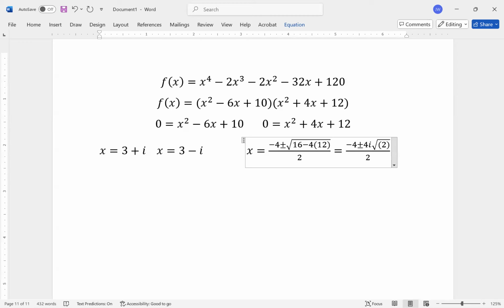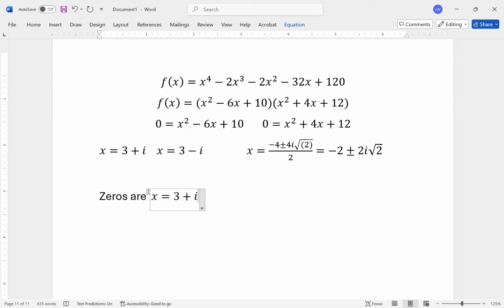And again, if we want to make that look a little bit nicer, that's going to be -2 plus or minus 2 times i times the square root of 2. This gives me all 4 zeros. Here we had 3 plus i as a 0.